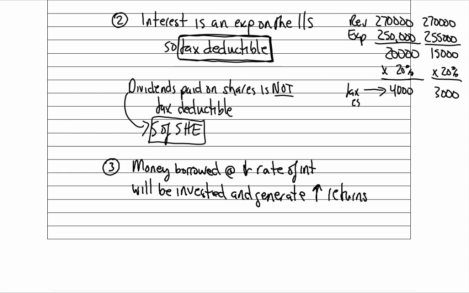So let's see. So we're going to borrow money at 7%, but we're going to invest it and we're going to make 10%. So this is my negative, this is my positive. Well, that's a 3% positive, right?